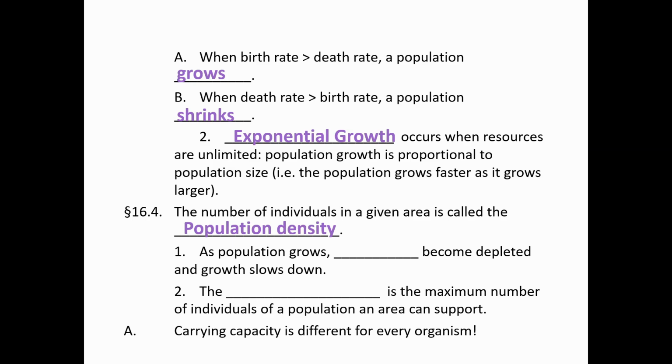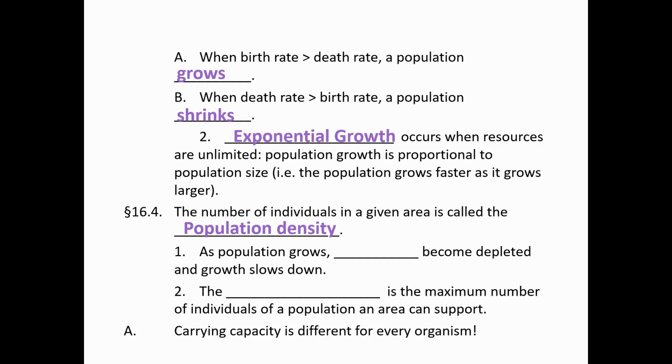Now we also want to measure how many individuals are in a given area. So the number of individuals in a given area is called the population density. Now, like I said, there are no truly unlimited resources really. There's going to be some resource that ends up being like the limiting factor in any population's growth.